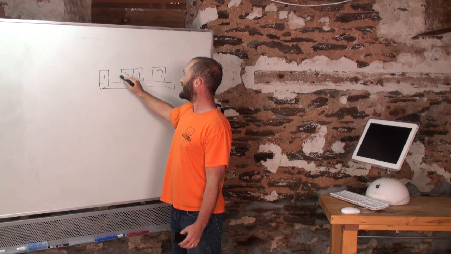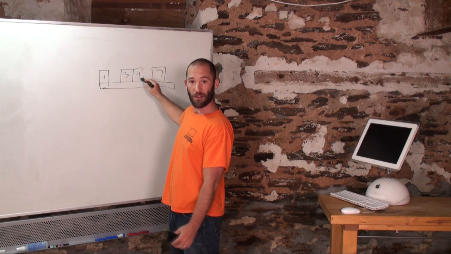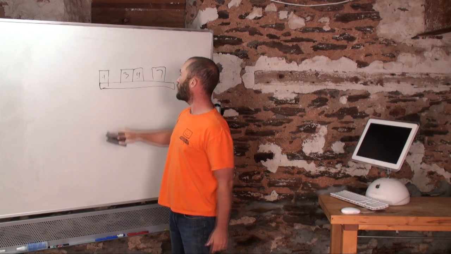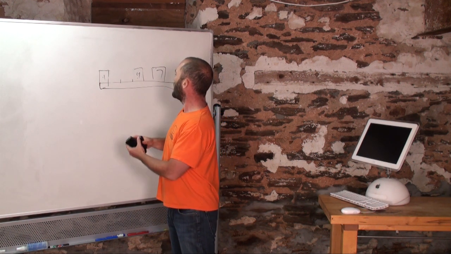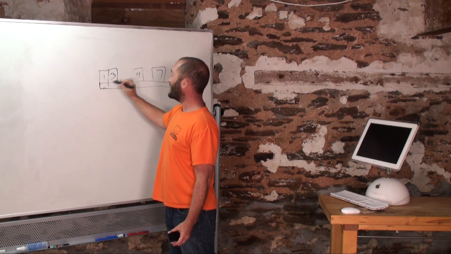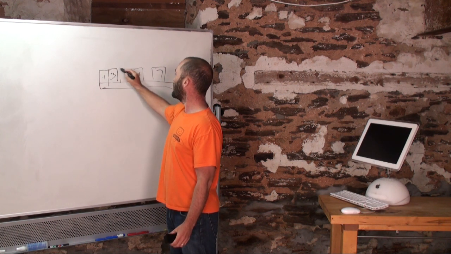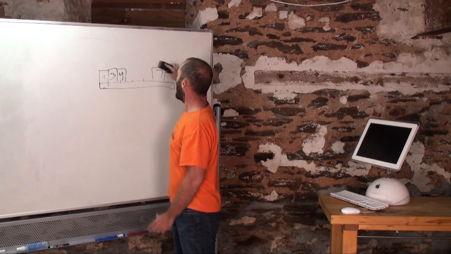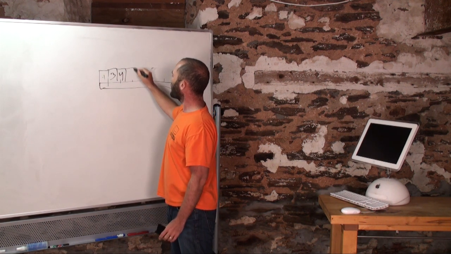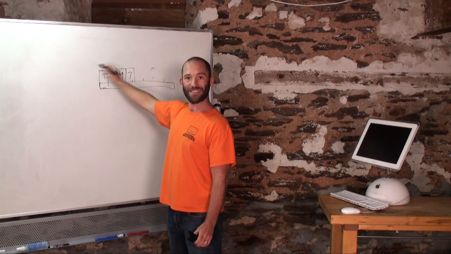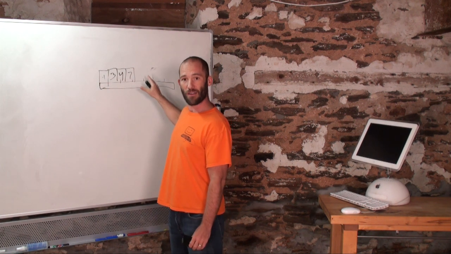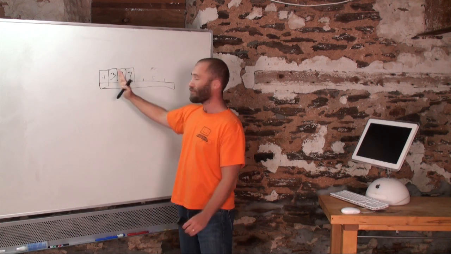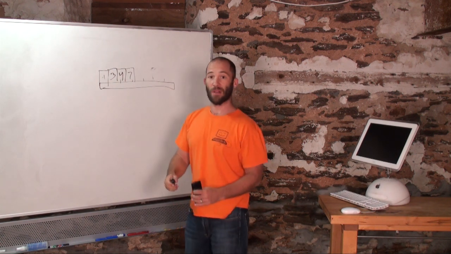So this is a fragmented hard drive, and if we've created this gap here, the defragmenting software will move the 3 file right next to the 1 file, then move the 4 file right next to the 3, and then move the 7 file right next to the 4. Now this is a non-fragmented hard drive. Before, these were spread out all over the place. Now they're right here in one nice block.